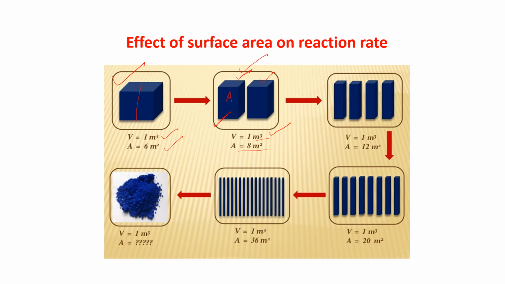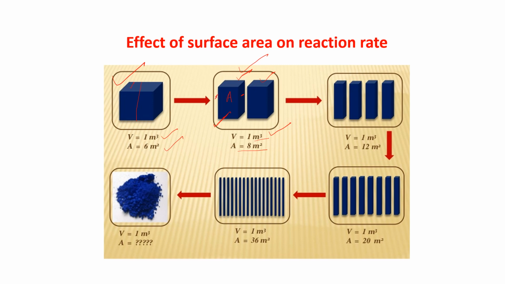Now this side I'm dividing, so I get 1 into 0.5 for 4 parts: the upper, the lower, the front and the back. Two sides give 1 and 1, that is 2.